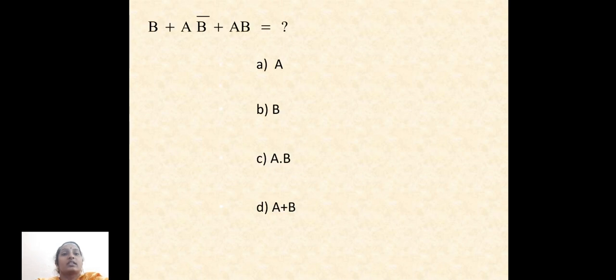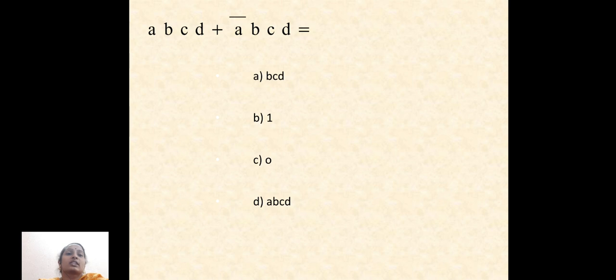So this is about today's class. In today's class, we discussed the different postulates in Boolean algebra, who invented Boolean algebra, how many variables and constants there are, and how many logic gates there are.